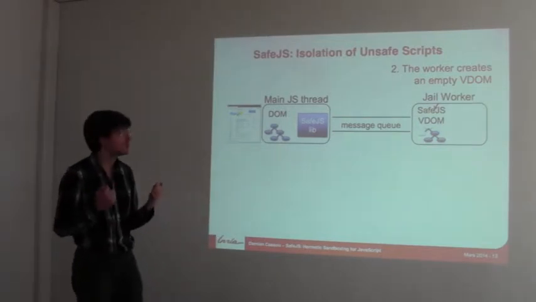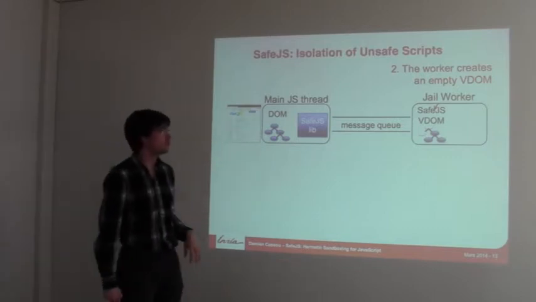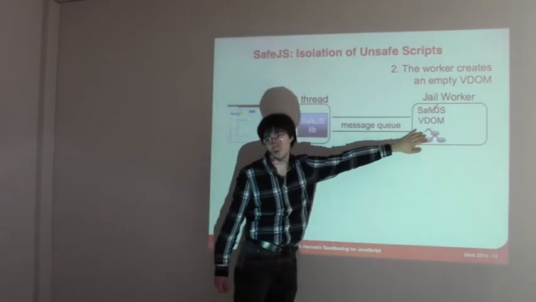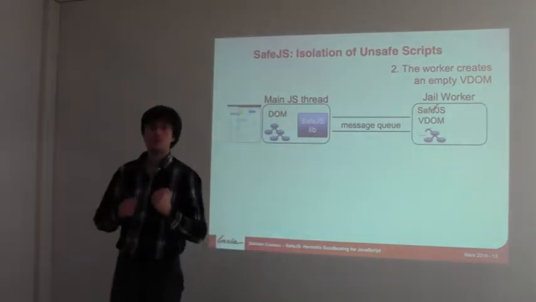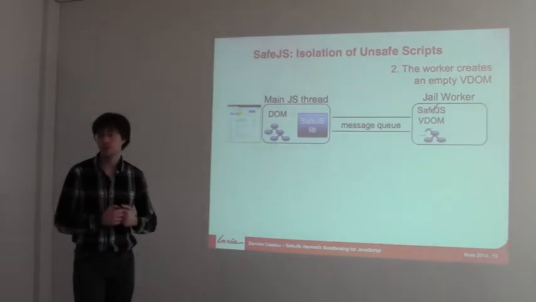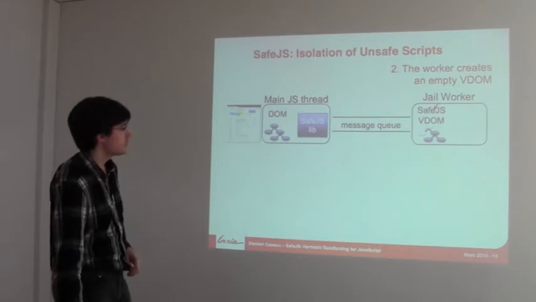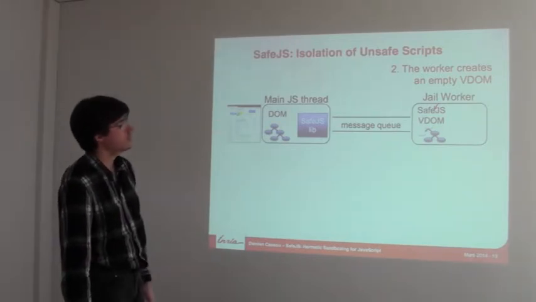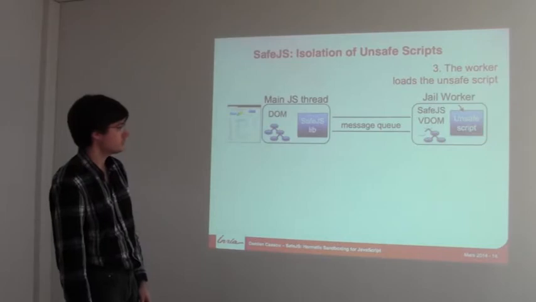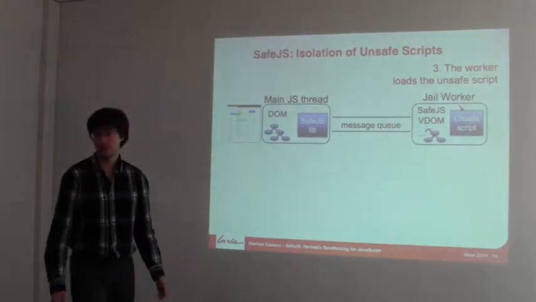In particular, we don't want to give it the login and password information, so we are not going to put that in the DOM. Basically, we can only put there the div that we want to let the widget in. Then the jail first creates the VDOM with only the important information, and then loads the unsafe script.